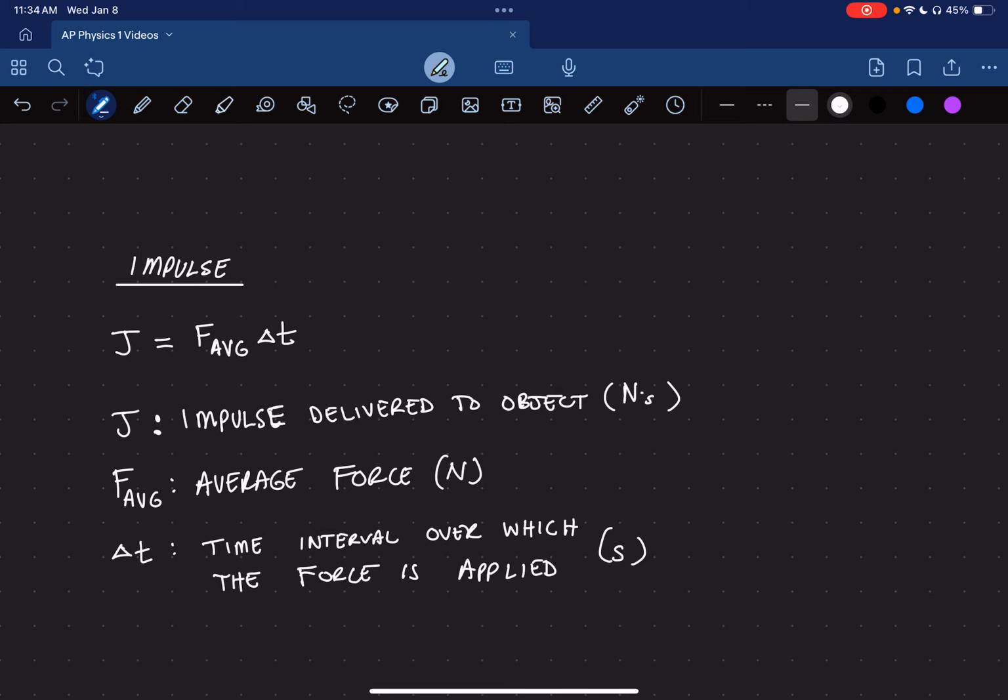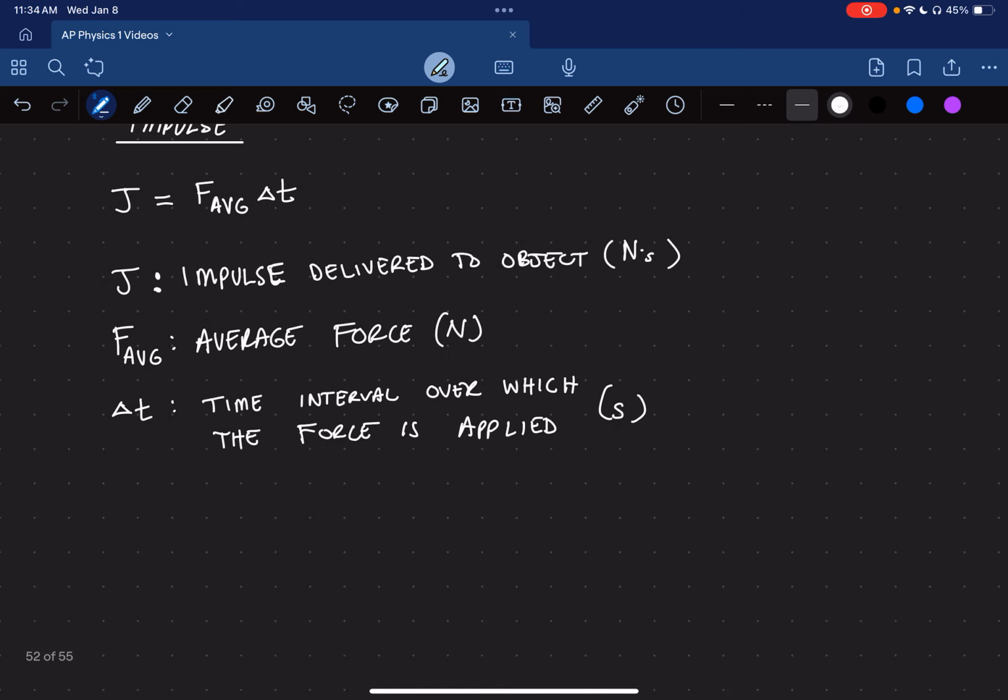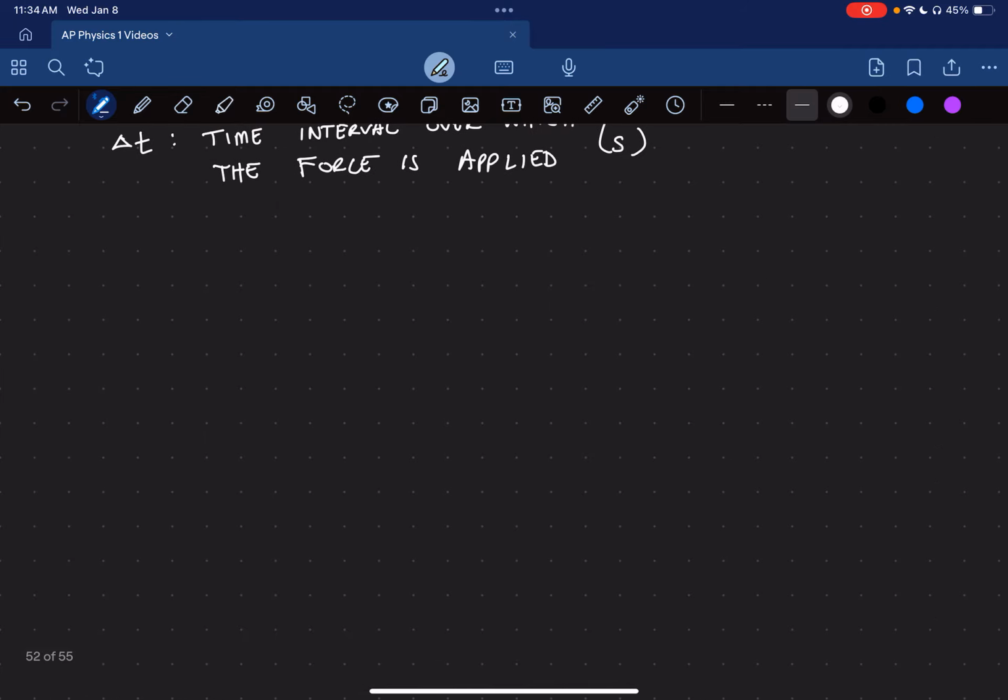So that's impulse. Not much to say else about this, at least for the moment. There's one more relationship, the impulse momentum relationship, and we'll call this the impulse momentum theorem.